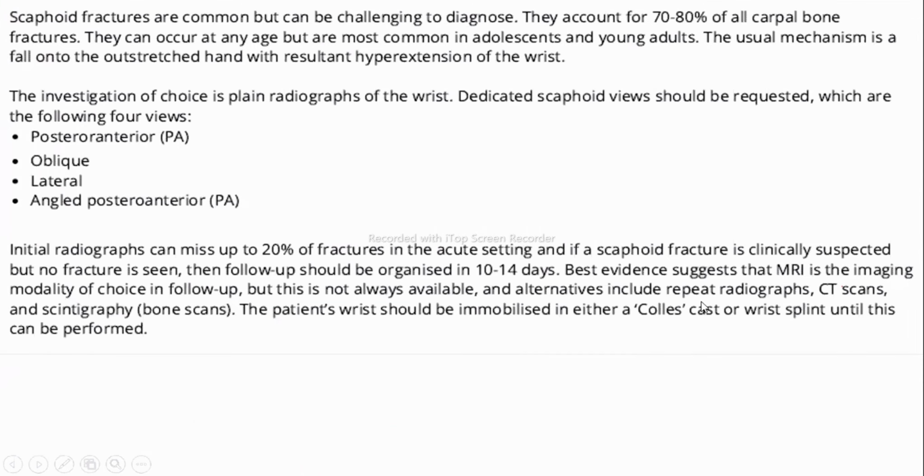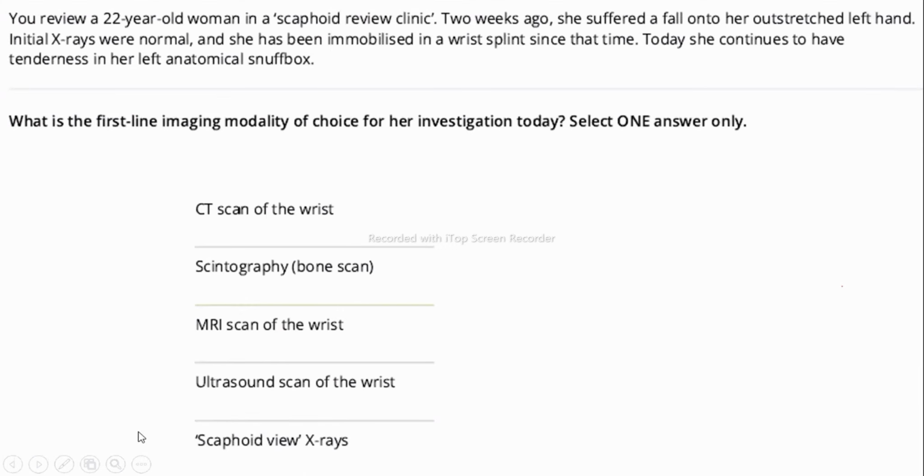Here, regarding repeat radiograph, did they mention repeat? No. First choice, they say MRI. If MRI is not available, can I choose scaphoid view X-rays or CT scan? They did not say repeat here.